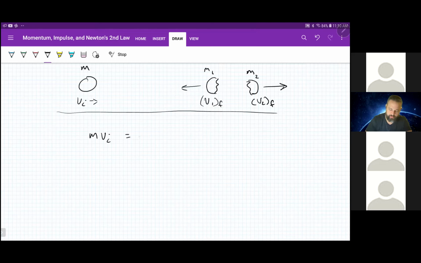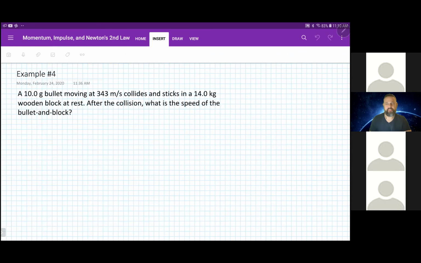Okay, so looking at an example. We have our bullets. We use a lot of bullets in these because they're the most common and most obvious examples for this stuff, so hopefully nobody's getting upset about that.